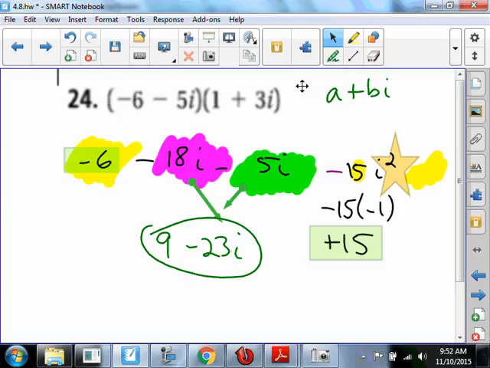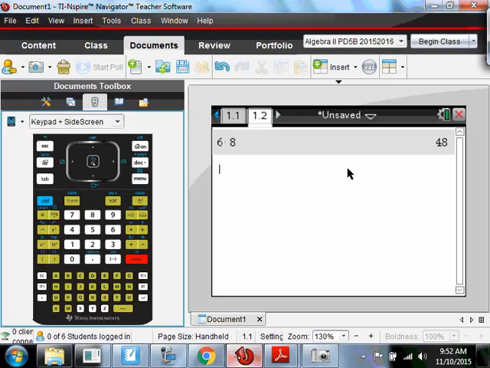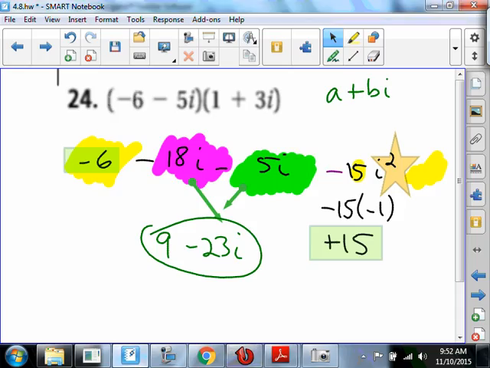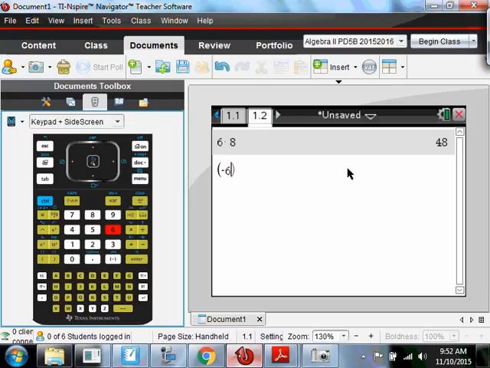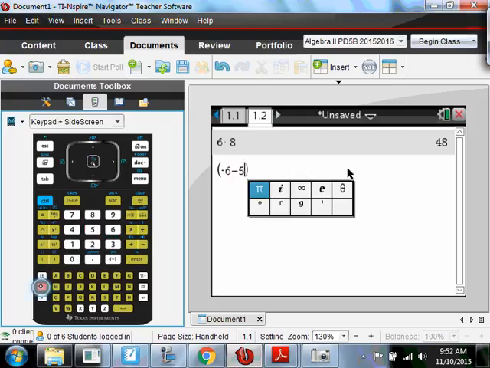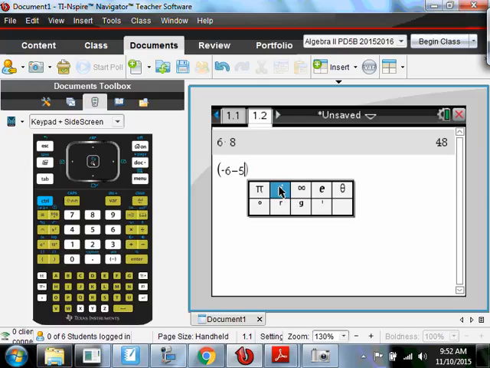The beauty of these, even though it's not so beautiful for Wednesday's quiz over this, is the calculator does these. Let's take a look. The group of -6 minus 5i, remember I have to use the proper i, it's located on the pi button.